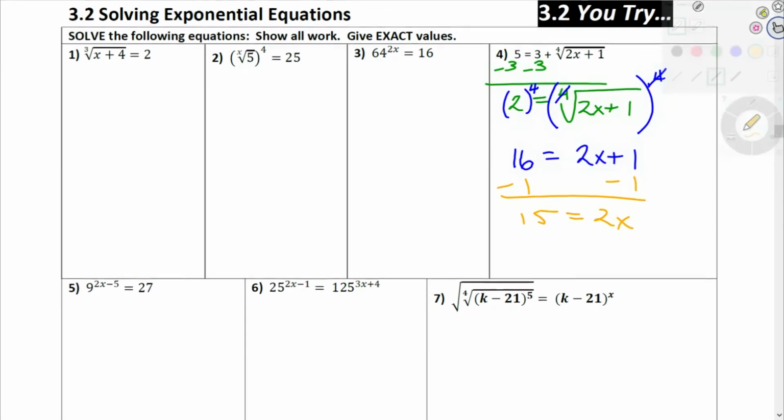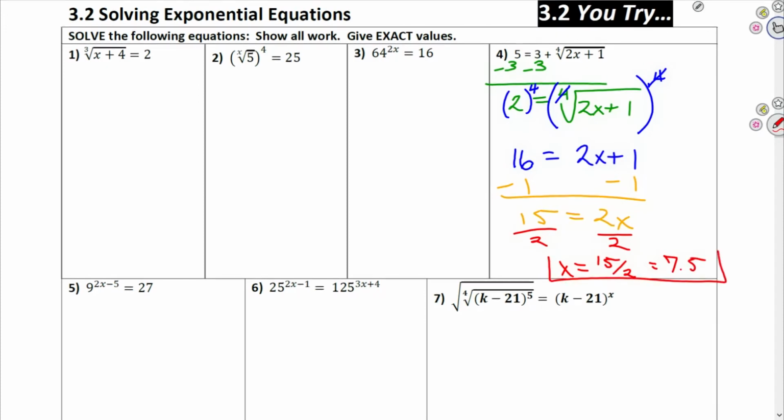And then the opposite of times 2 is divide by 2. And x is equal to 15 halves. Or if you prefer decimals, 7.5. Okay, that's just using inverse operations and knowing that a fourth root is the opposite of the fourth power.